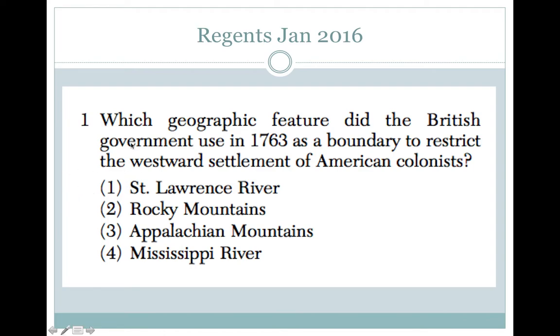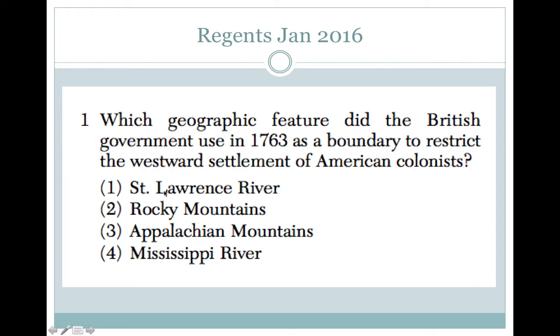One or two more. So, which geographic feature did the British government use in 1763 as a boundary to restrict the westward settlements of American colonists? Okay, 1763. They throw that out there. Now, some people glance over that topic, but it's the Proclamation Line of 1763. This is again the British telling the colonies that they couldn't pass a certain geographic feature moving westward.